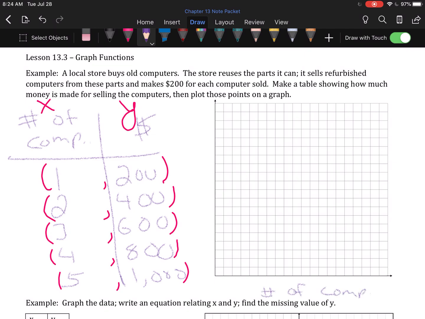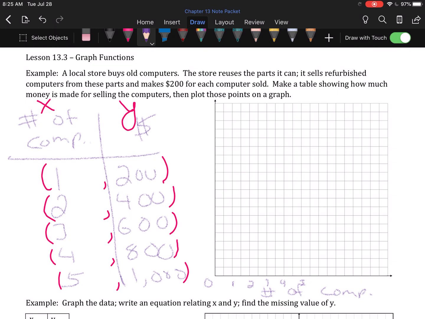So if we were to put a label down here and say this is the number of computers, and we put the bottom corner as 0, I'm even going to space these out a little bit. I'm not going to count each line as being 1, I'm going to count every other line as being 1. So I'm going to say the second line is 1, the fourth line is 2, and again, I'm just skipping 1 each time so I can space these out just a little bit.